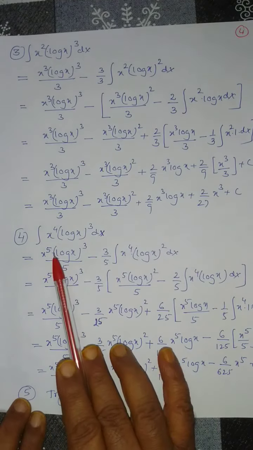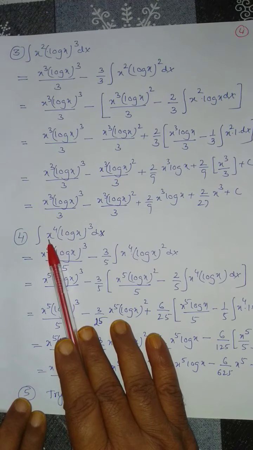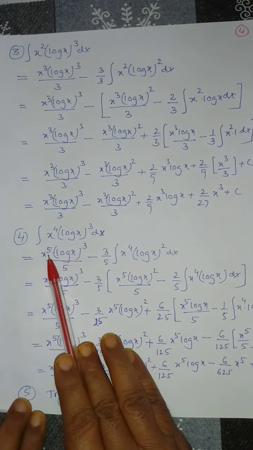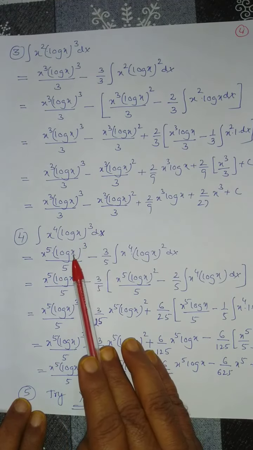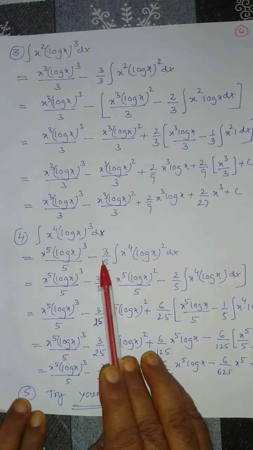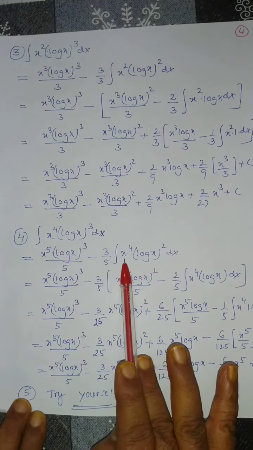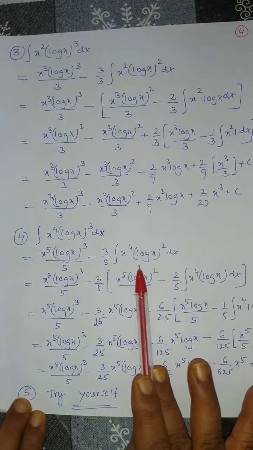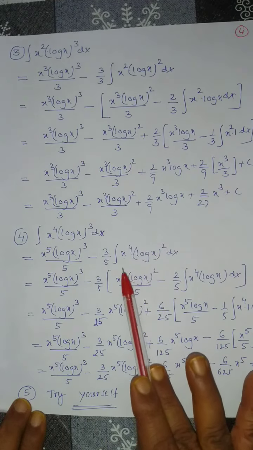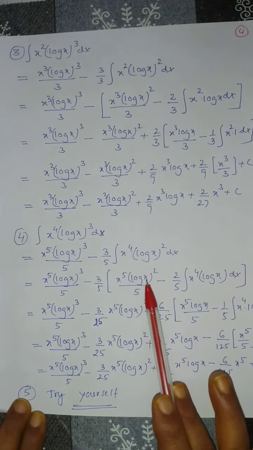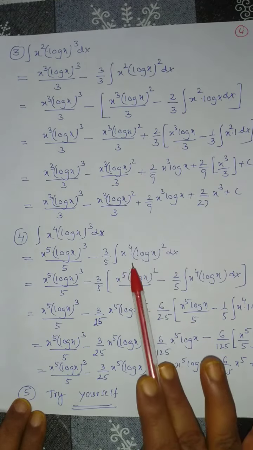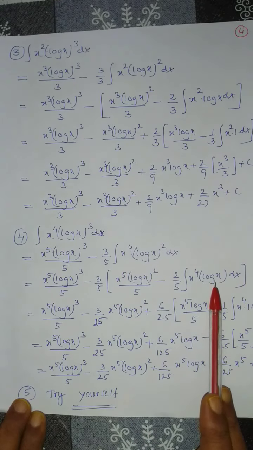So the fourth one, x raised to 4 log x cube. x raised to 5 upon 5 log x cube as it is, minus 3 by 5 x raised to 4, and 3 becomes 2. And 3 by 5 for this reduction formula, x raised to 5 upon 5 log x square minus 2 by 5 x raised to 4 log x raised to 1, because 2 minus 1.